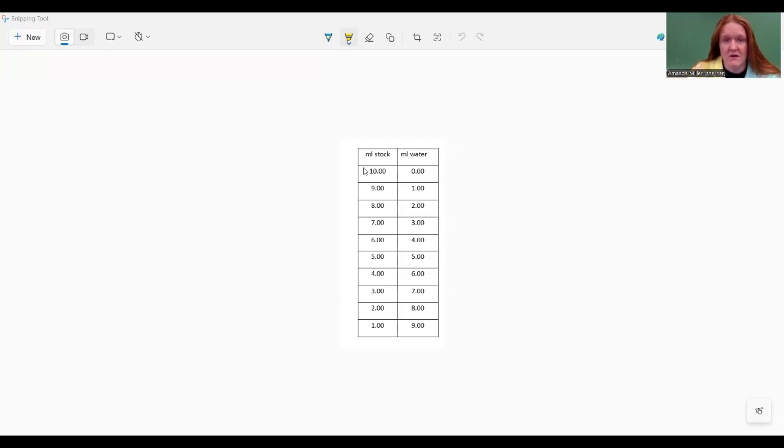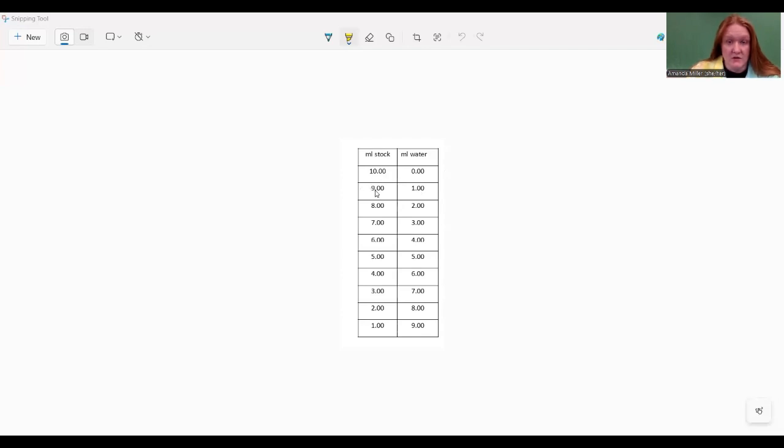You already calculated the micrograms per milliliter for that in the last questions. But the first dilution you're actually doing is 9 milliliters of stock with 1 milliliter of water. That's going to use C1V1 equals C2V2, where C1 is the stock in microgram per milliliter. So the answer to the last calculation you did.